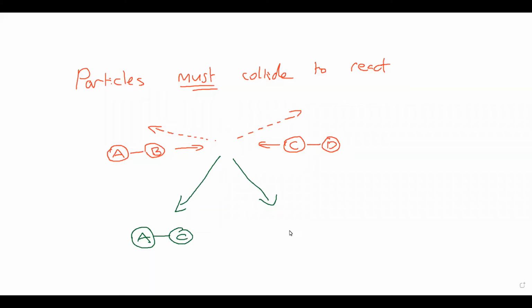So we've now got a molecule of AC and a molecule of BD. So by having enough energy for a reaction to happen, what we mean is that they need the minimum amount of kinetic energy required to start the reaction, which is called the activation energy.